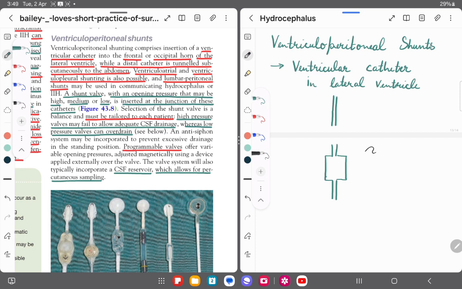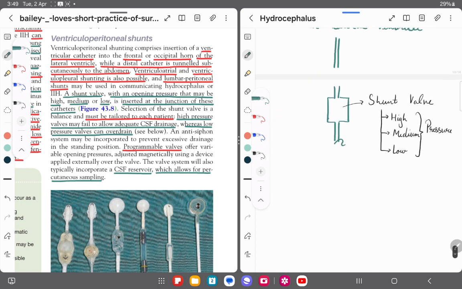So this is a shunt valve, which can be high pressure, medium pressure, or low pressure. And through this shunt valve it is connected to the peritoneal catheter.